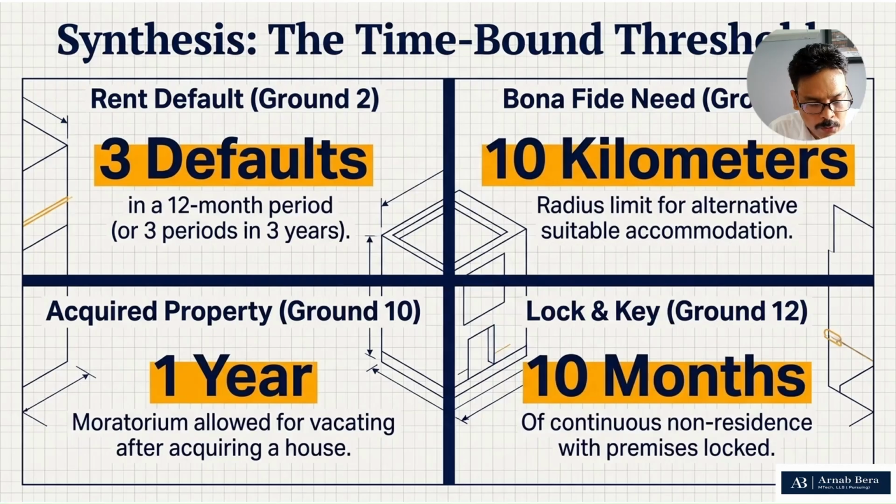Then ground 10, where the tenant has acquired a property, he must vacate within 1 year after acquiring that house. And ground 12, lock and key, the duration is 10 months. If the premises is under lock and key for 10 months, it would be considered a valid ground for eviction, and the landlord may initiate proceedings against the tenant. So these were the time-bound thresholds in a few grounds of section 6.